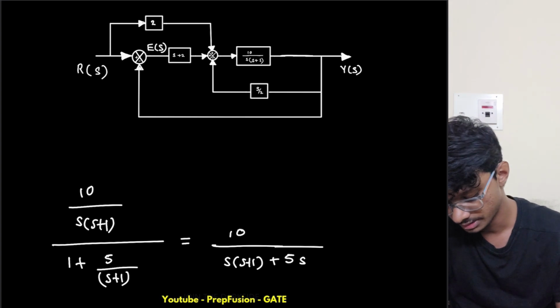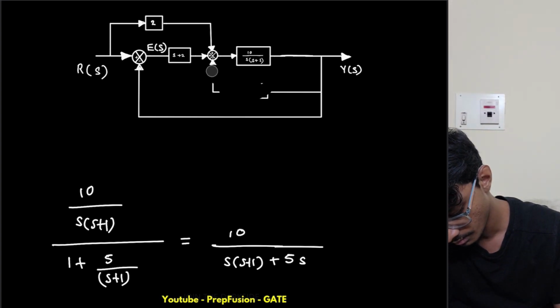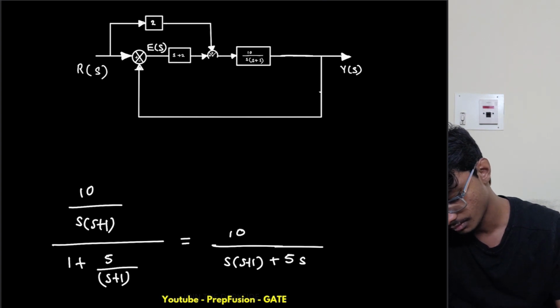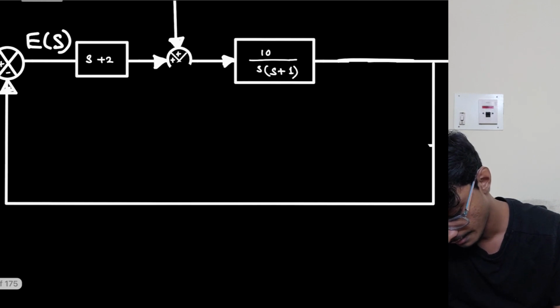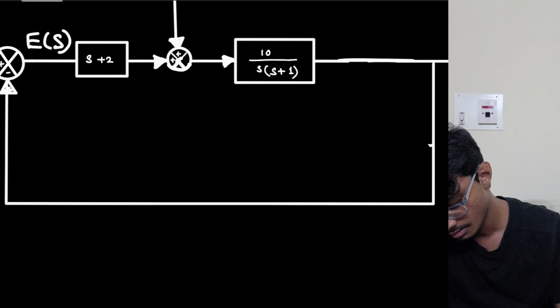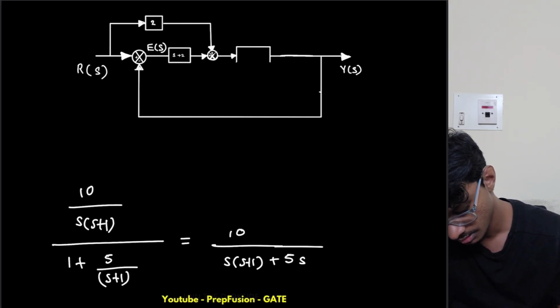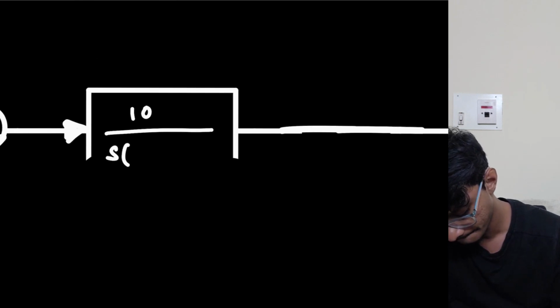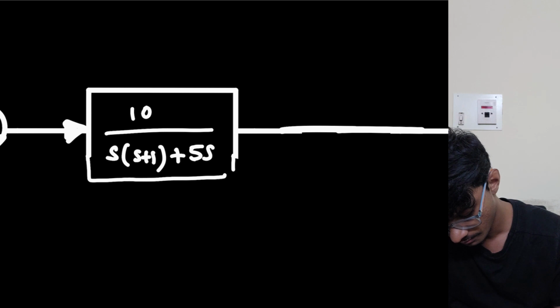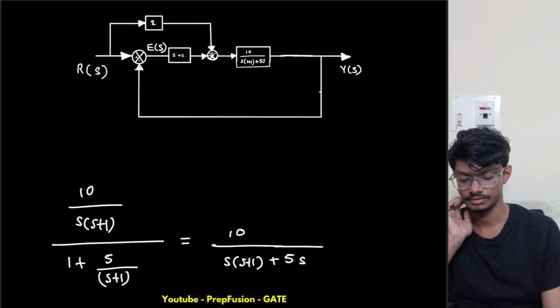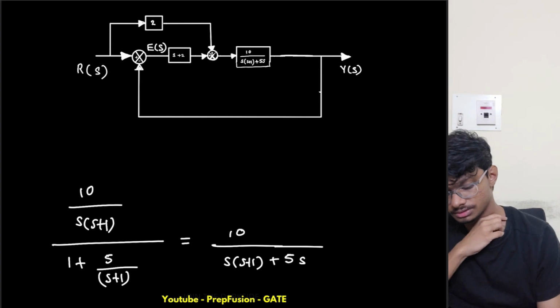Let me delete this and write over here. This becomes 10 by s into s plus 1 plus 5s. So this is what it becomes.